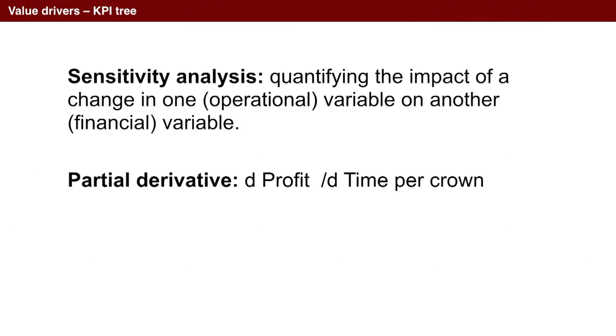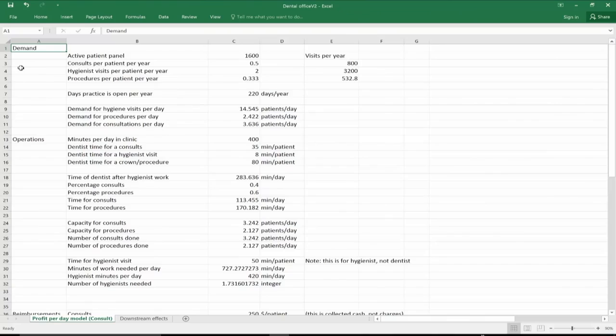In our case, the way we do the sensitivity analysis is by taking this entire tree and putting it in an Excel spreadsheet. Here's what such an Excel spreadsheet might look like. Let me walk you through this. Up here, you have the demand process. Demand is driven by our panel size and by how often I see my patients. Here is a mix between consults and procedures.